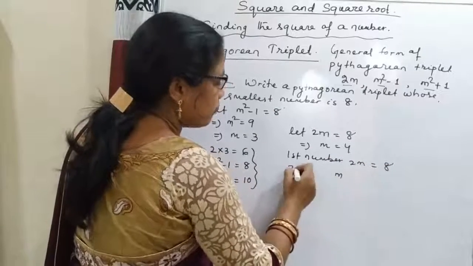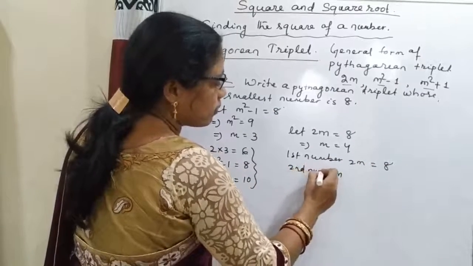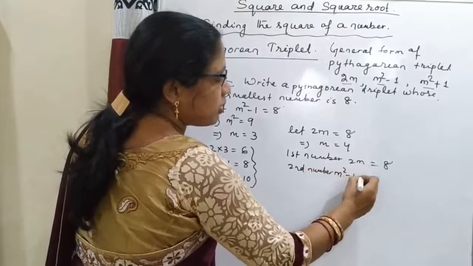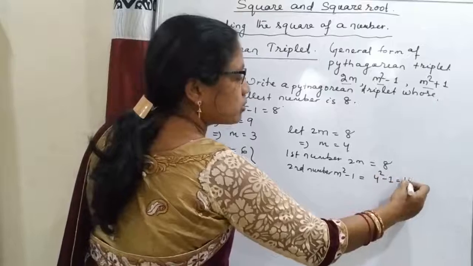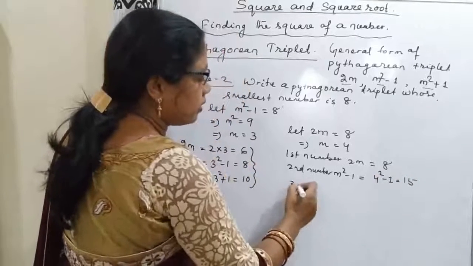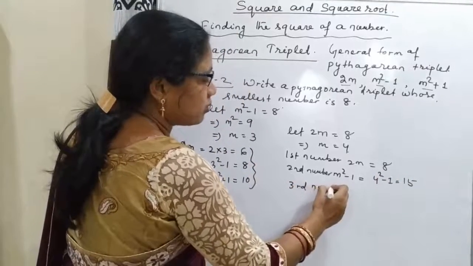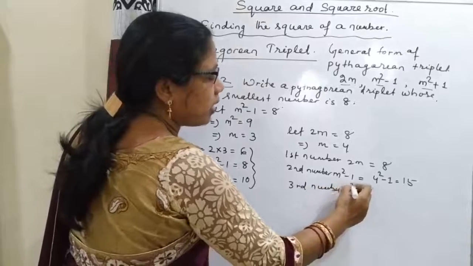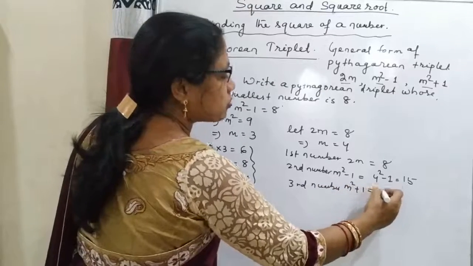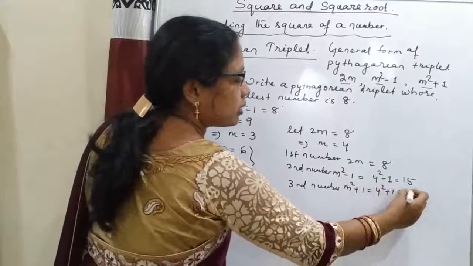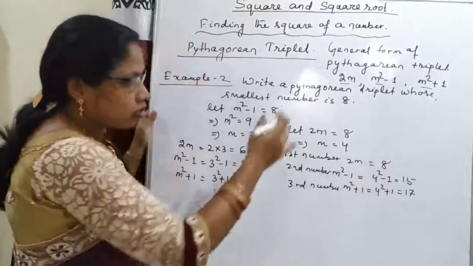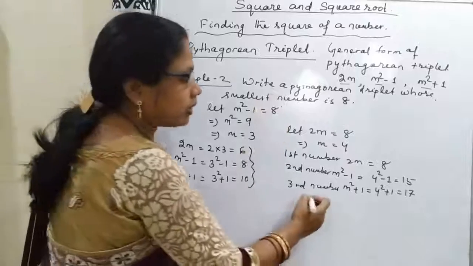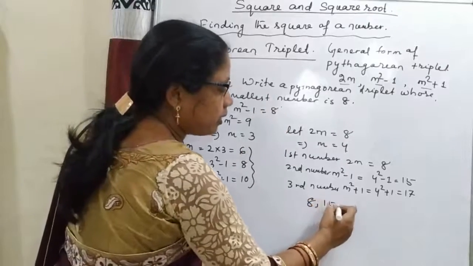Second number, m square minus 1, that is 4 square minus 1, that is equal to 15. Then third number, m square plus 1, that is 4 square plus 1, that is 17. So here 8 is the smallest number. So our required Pythagorean triplet is 8, 15 and 17.